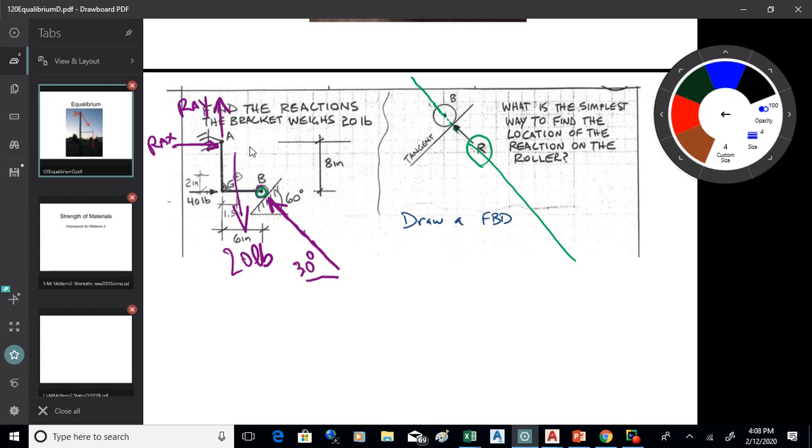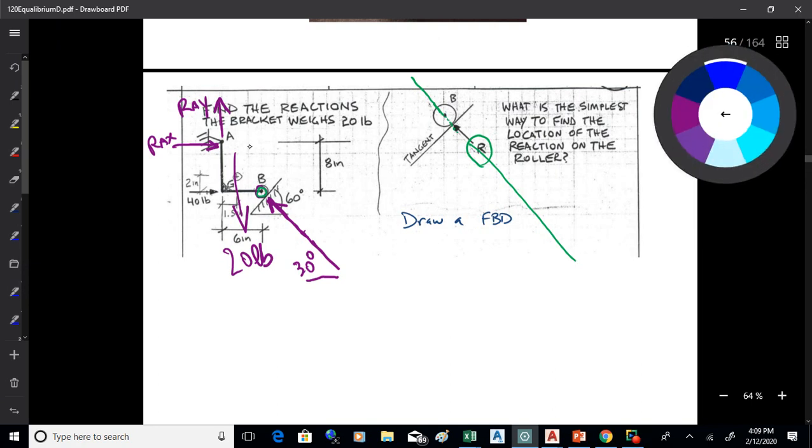So let's have a look. What we did here, we have a little bracket, okay? We've got a pin joint at the top of the bracket. And as we always do with these things, we want to turn it into a free body diagram. This is what we worked through on Monday. So we took the pin joint at the top, we turned that into REX and REY. We have the 40 pounds over on the left, like so.